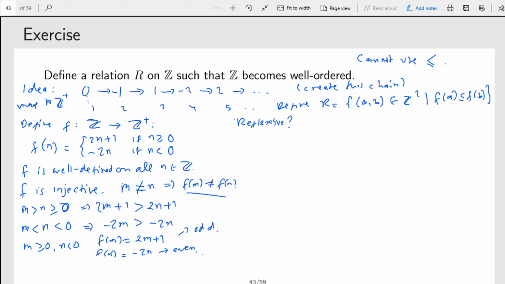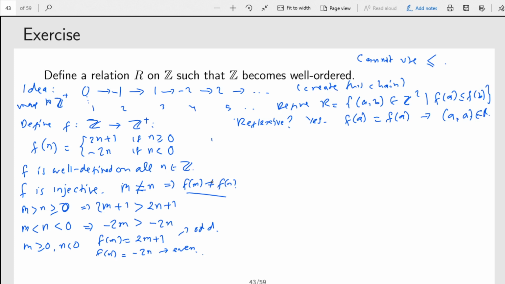The answer is yes, clearly, right? f(a) is obviously equal to f(a), so a is less than or equal to a, or in other words, (a, a) is in the relation.